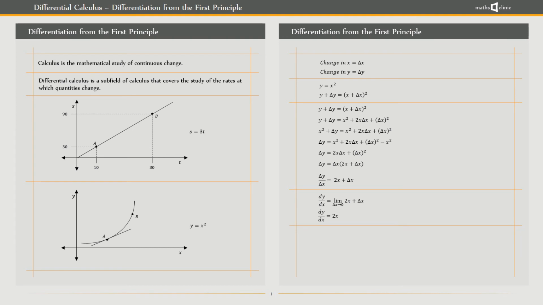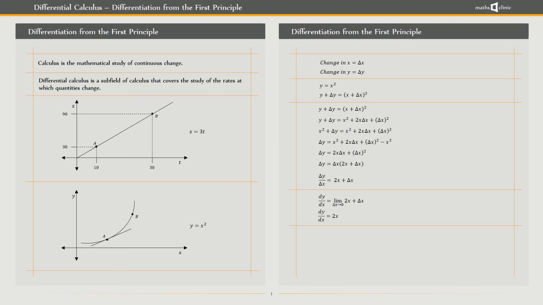And that's how you differentiate from first principles. So you have a function y equals x squared, the dy dx is 2x, and what this simply means is that the gradient at the point A would be 2 times the x value at point A. And the gradient at point B would be 2 times the x value at point B for the function y equals x squared.